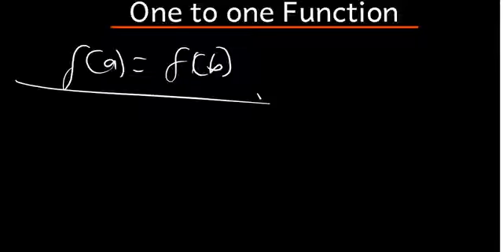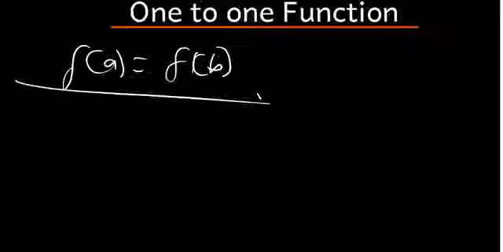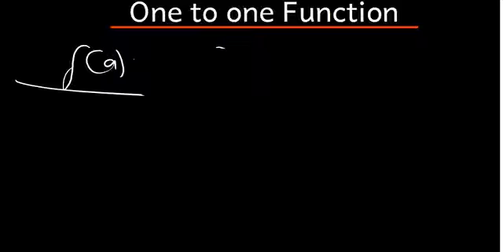So for example, let's have one question here. Let's say we have a function f of x is equal to x squared minus 1. Is this function one-to-one?